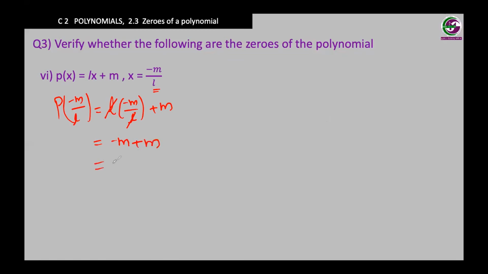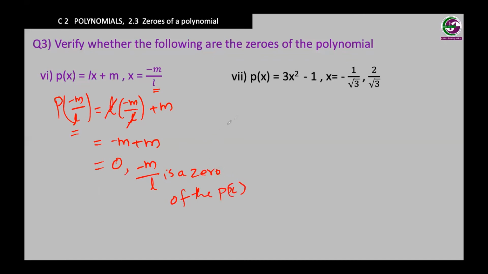Negative m plus m is 0. Yes. So again, we get the answer 0. So we say that negative m by l is a 0 of the polynomial. Okay, there is only one value in question 6. Now question 7, there are two values.